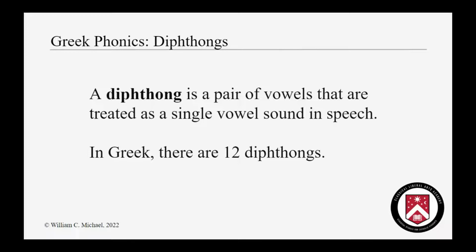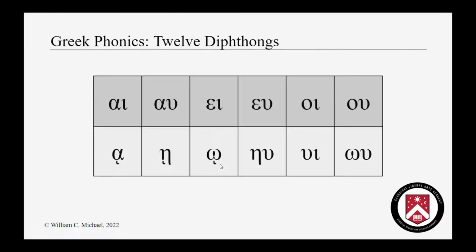We have to know the diphthongs and be able to recognize them when we read Greek. In Greek, there are 12 diphthongs that we need to watch out for, and we have to remember to read them as a single syllable. Let's take a look at the 12 Greek diphthongs.